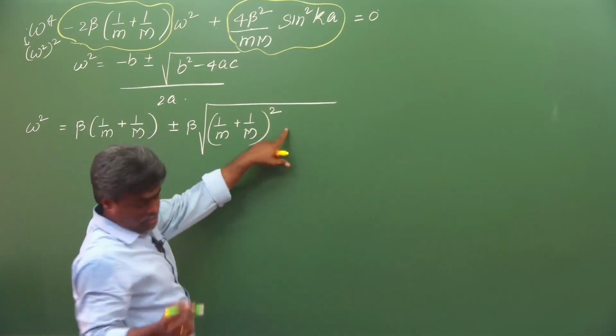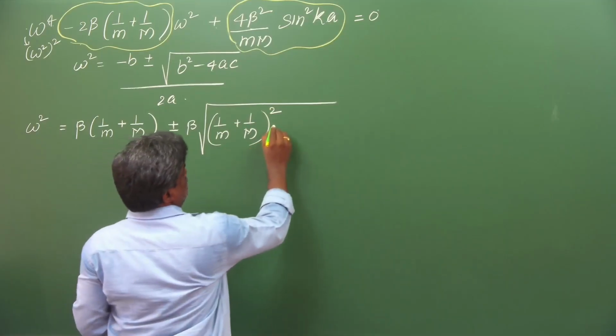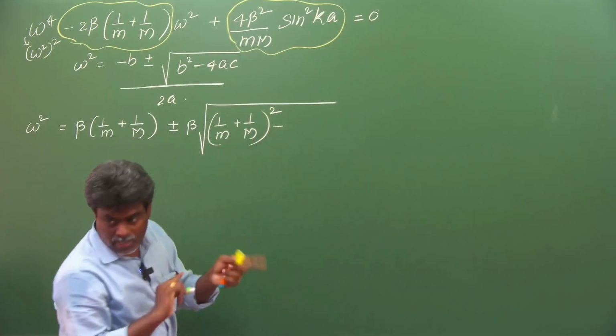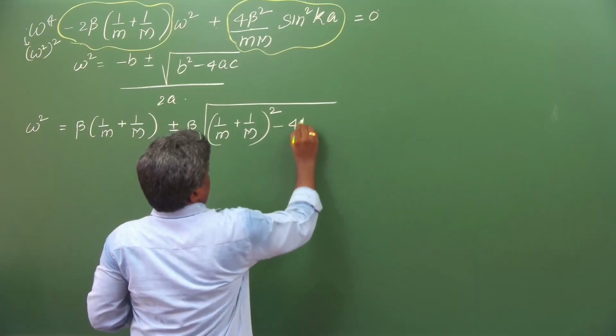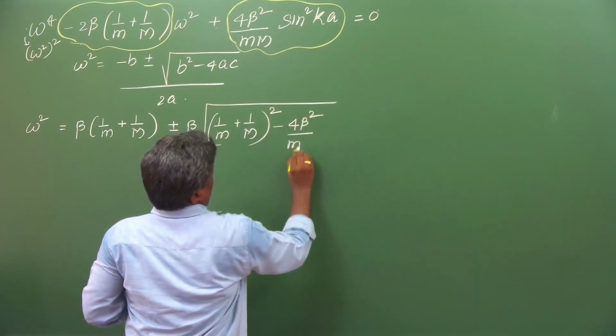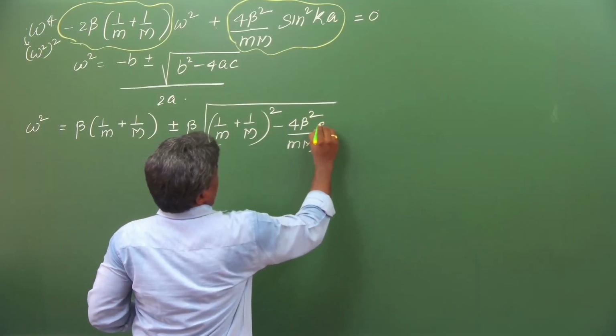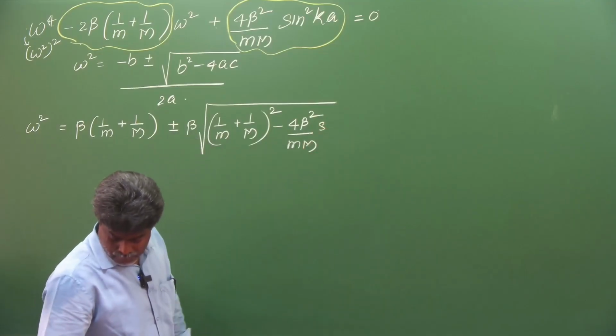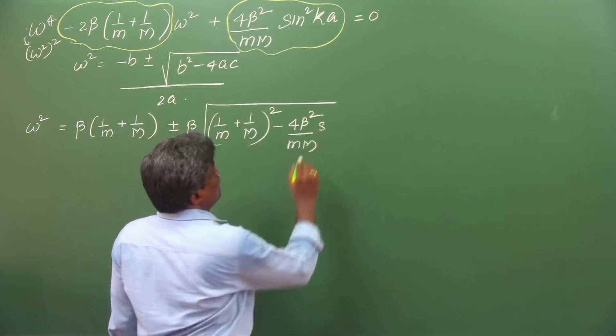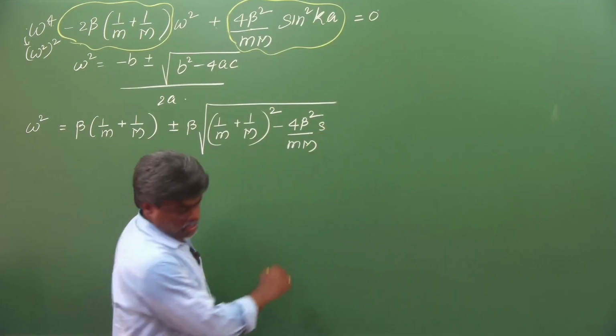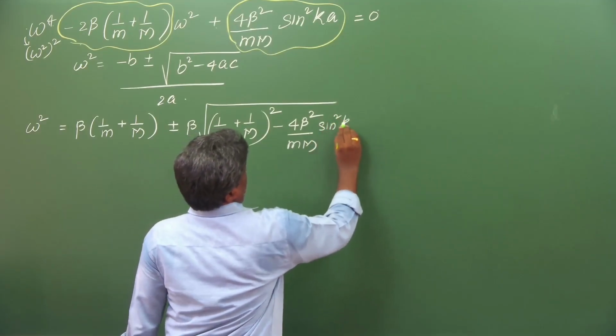How much after that? Minus 16. Oh, common 4. 4 beta square by small m capital M, am I right? Beta square, sin square Ka.